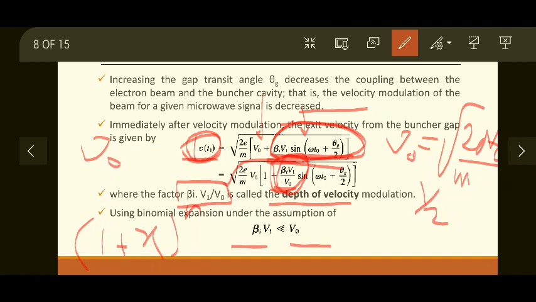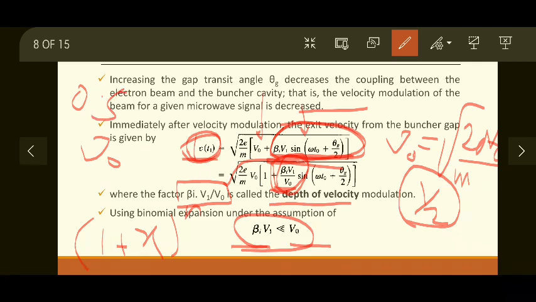Since n is 1 by 2, we can ignore the higher order terms because they will keep on decreasing, as the input signal is much less than the DC voltage. I hope this is clear.